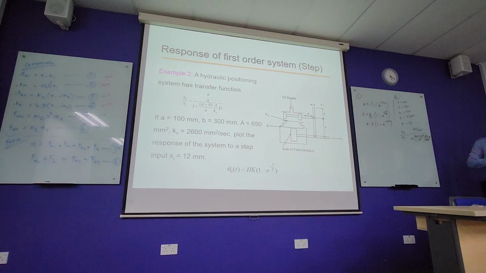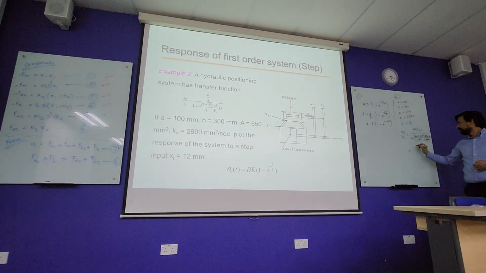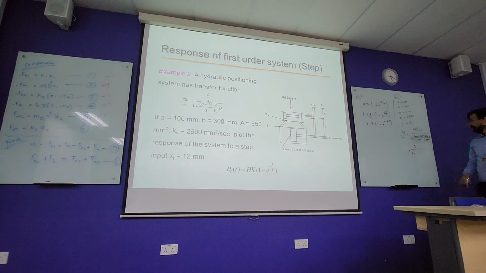So that's a mere substitution. What we can see here is D by A, which is 300 by 100, and 1 plus A by B divided by A, and the capital letter A and spring constant K. So all these numbers were substituted. Maybe I can put it this way: 3, 1 plus this whole term.